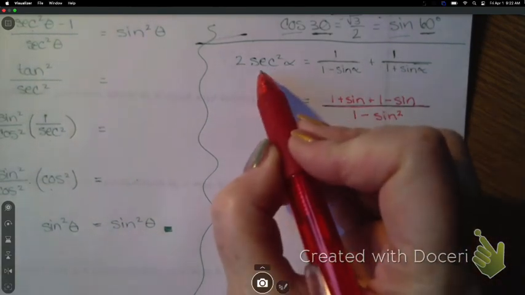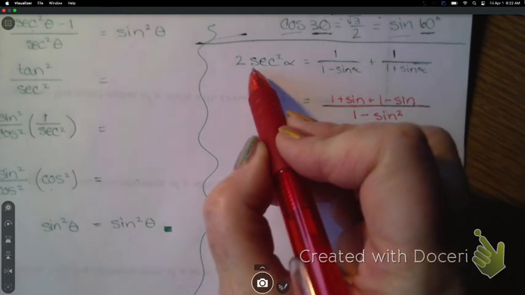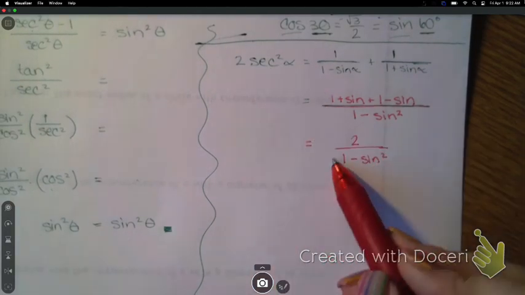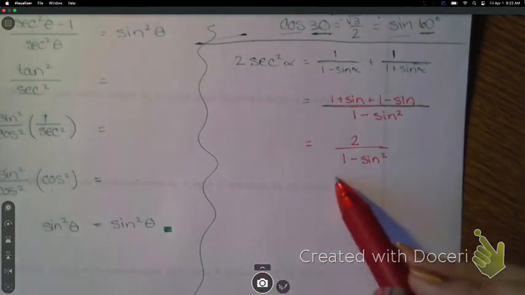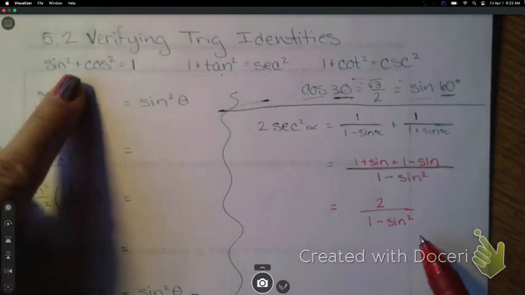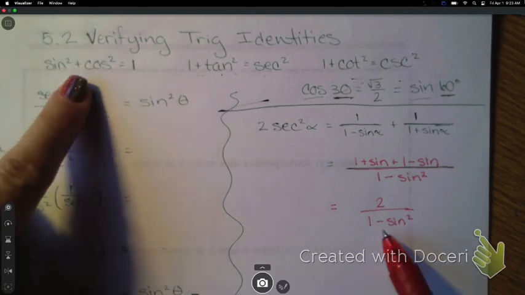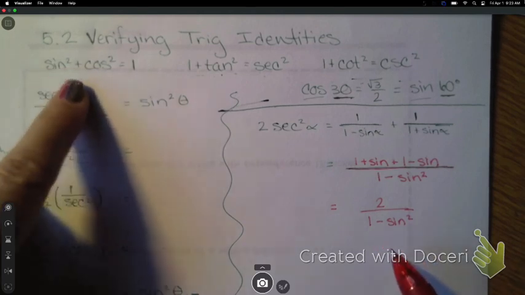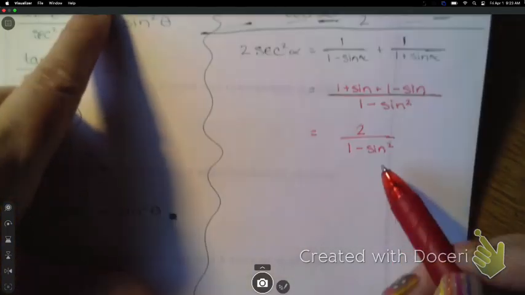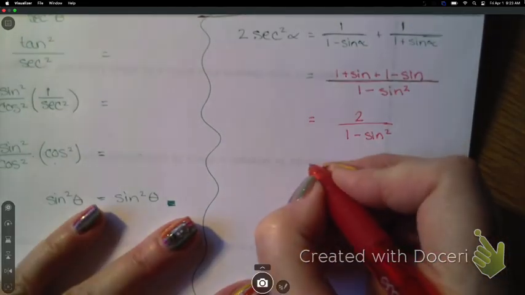Then we're going to think backwards. Well, I want secant. Well, secant is 1 over what? 1 over cosine. So can I make this into cosine? You sure can, due to the Pythagorean identities. If I made the Pythagorean identity look like this, so that means I would subtract sine squared, it would equal what? Cosine squared.